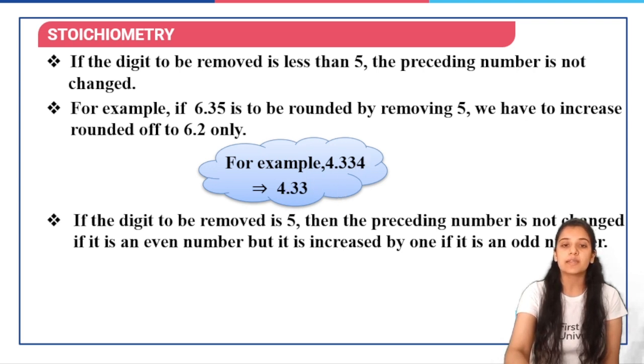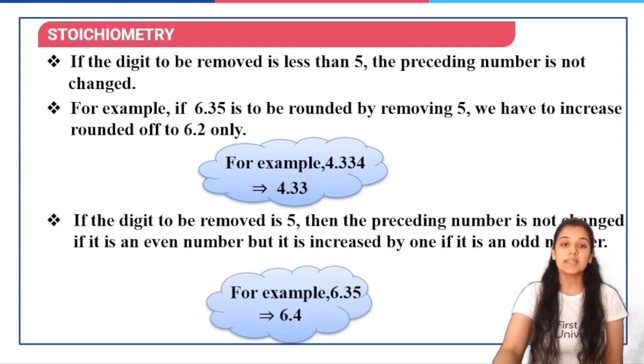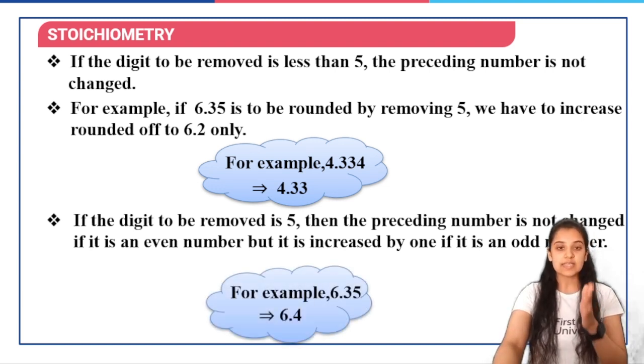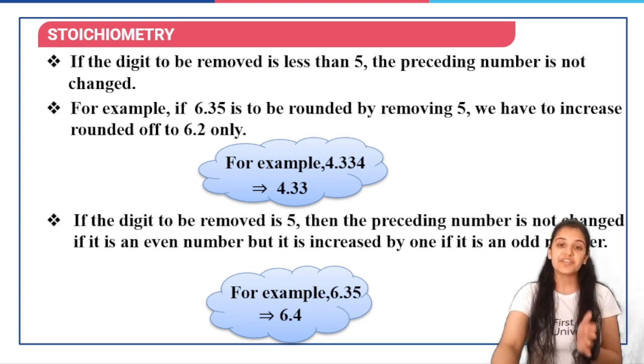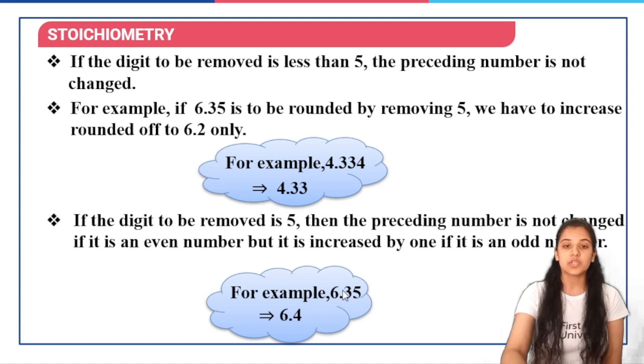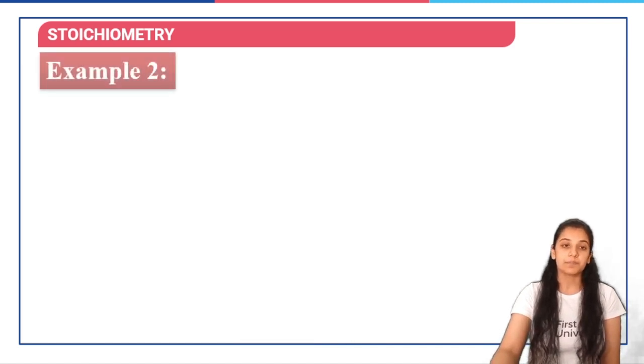No changes will be made in the preceding digit. But if we have 5 that has to be removed, then if the preceding digit is an even number, it will not be changed. But if it is an odd number, then it will be changed. So since it is 6.35, we are removing 5. So 1 will be added because 3 is odd number. So 6.4 is the answer.